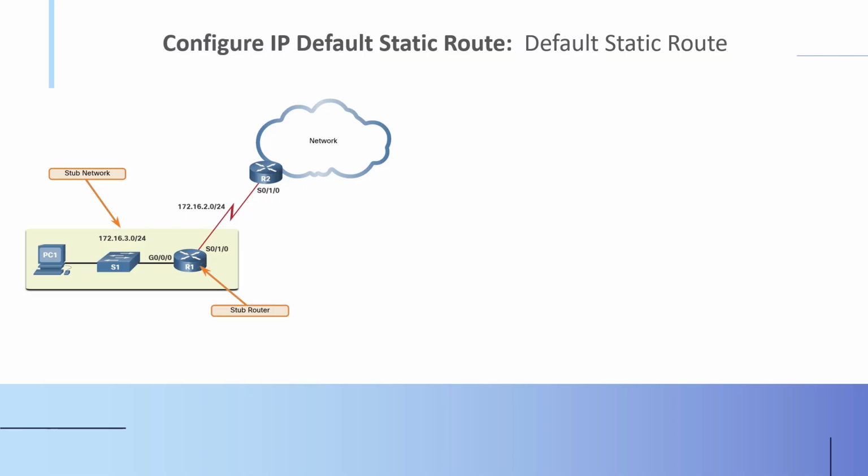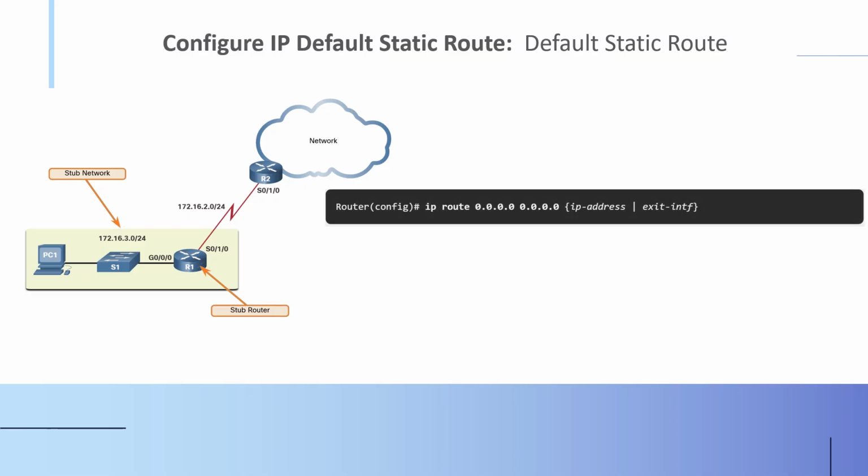The common syntax for the IPv4 default static route is similar to any other IPv4 static route, except that the network address now will be all 0 octets and even the subnet mask will be all 0. By doing that, it means that this route will match any network address.